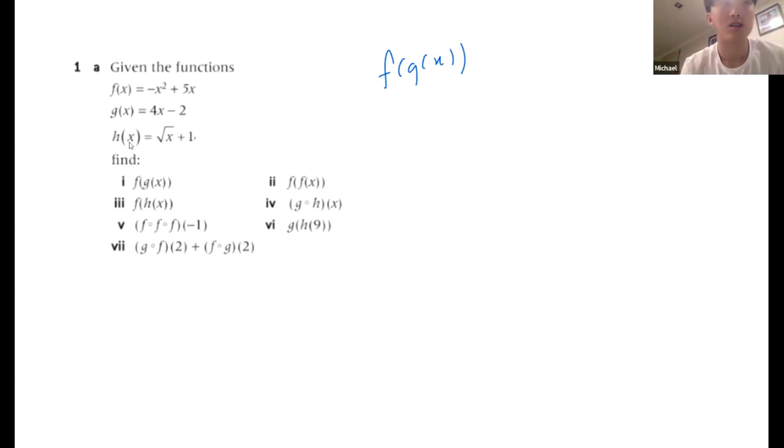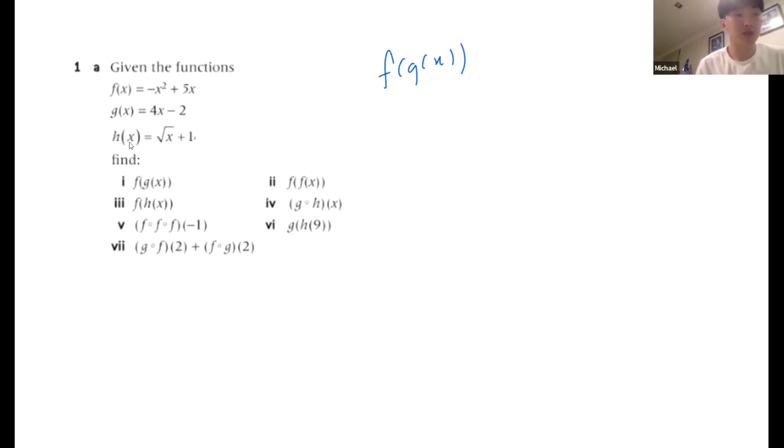What is g(x)? Read the given functions. g(x) is a function itself, right? And it does something to x. It's 4x minus 2, right? So what this is saying is that we are putting the output of g(x) inside f, okay?